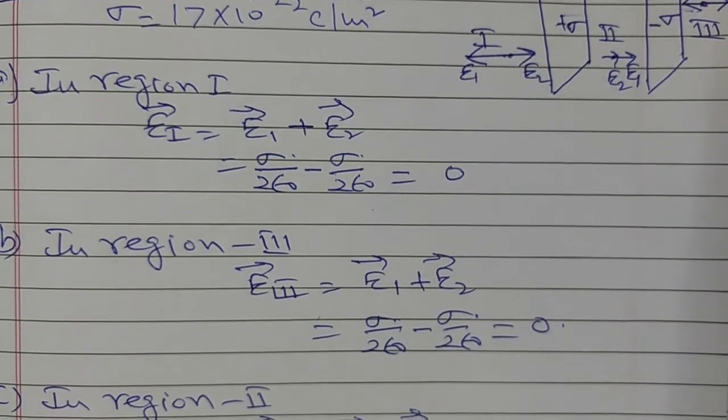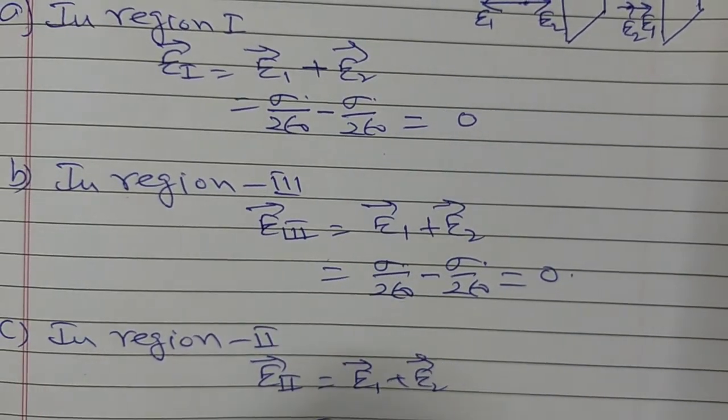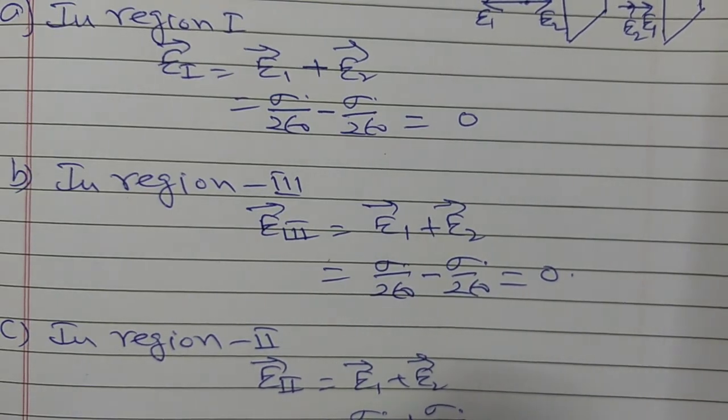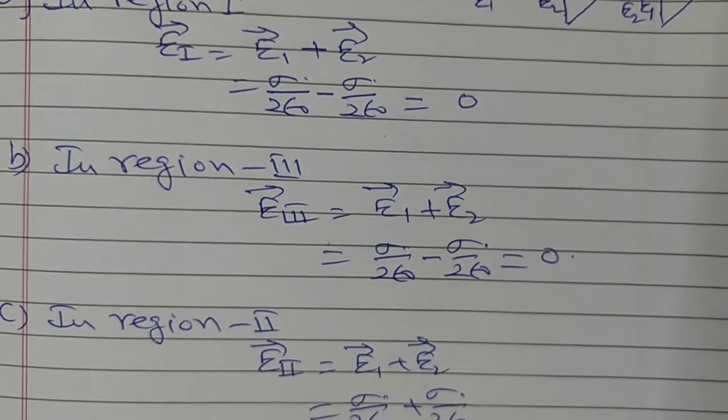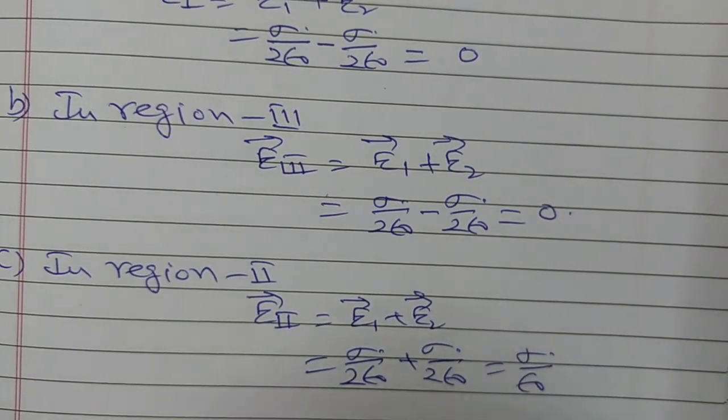Both are in the same direction, right? Now you know this sigma upon 2 epsilon naught plus sigma upon 2 epsilon naught, or this can be written as sigma upon epsilon naught.